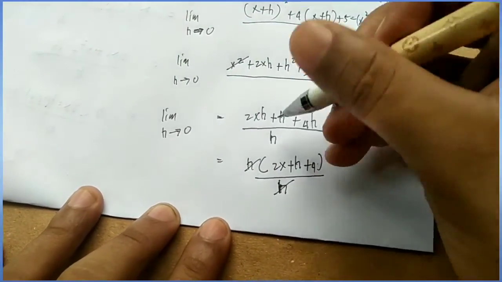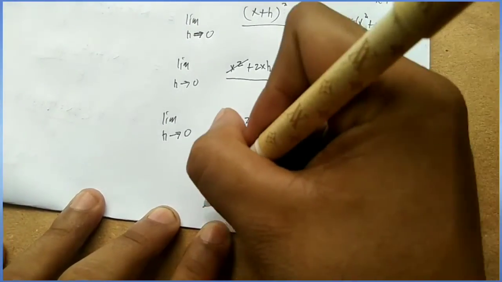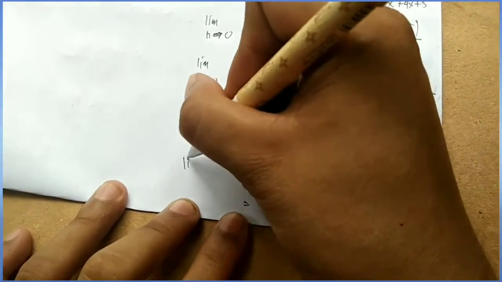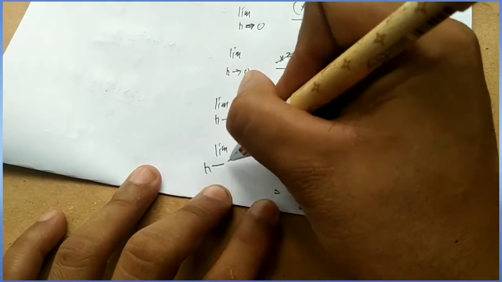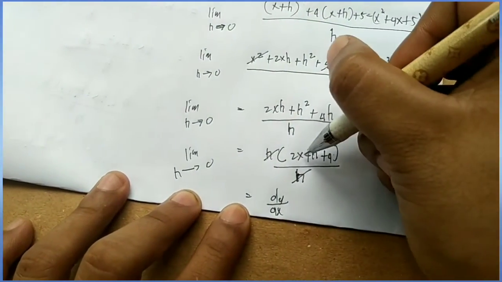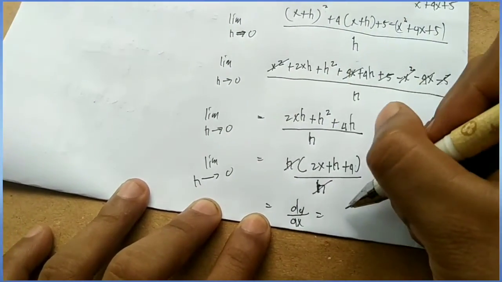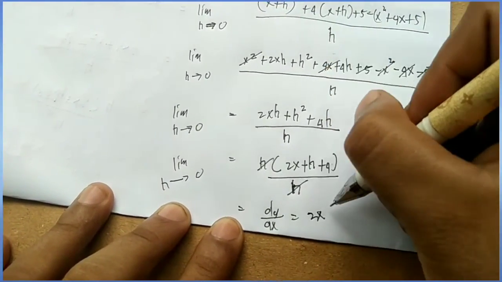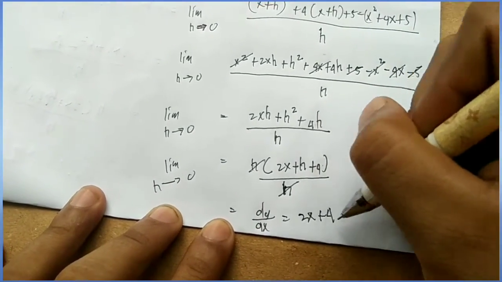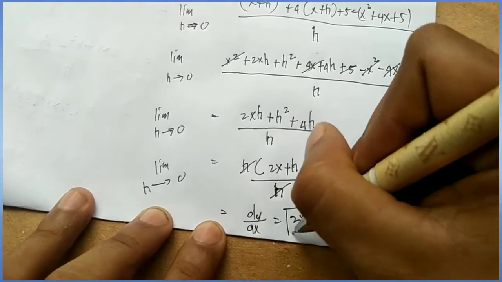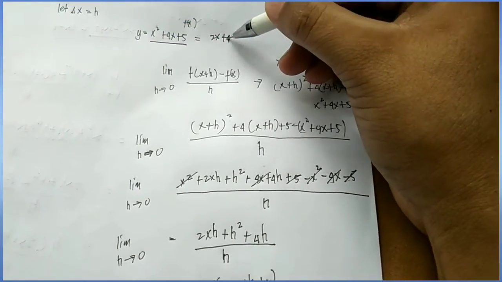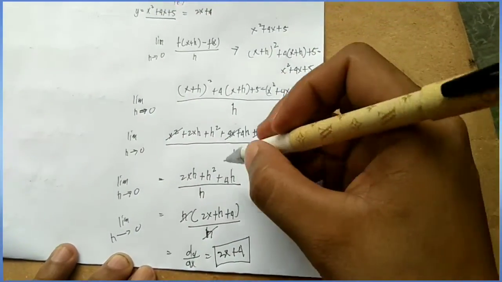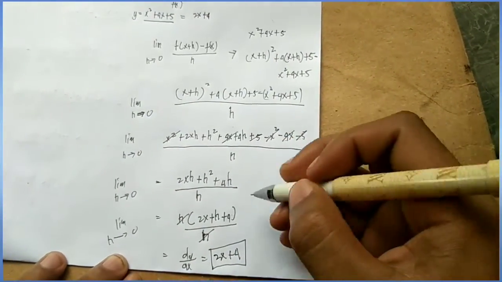So what remains is dy over dx is equals to 2x plus 4. That is our answer. So we proved that 2x plus 4 is equivalent to 2x plus 4. We explained the derivative and how to get the derivative.